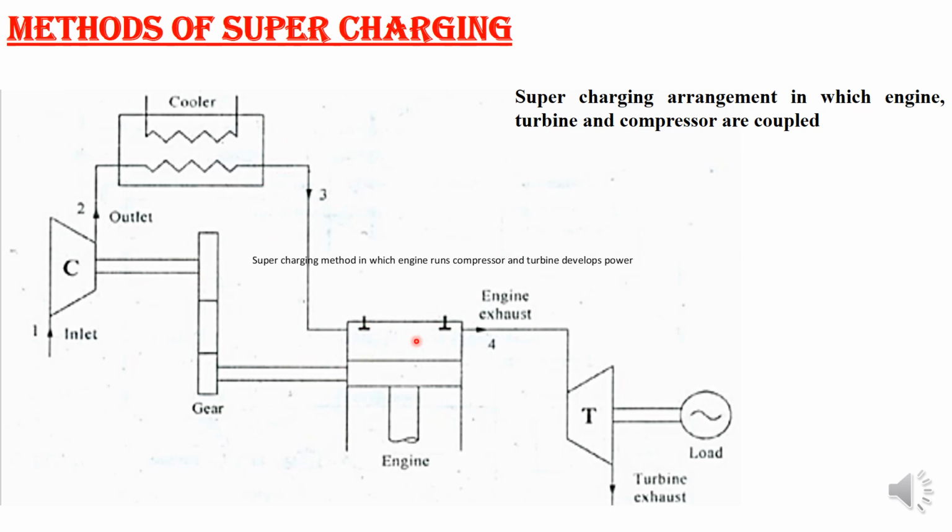Combustion takes place, and the exhaust is given to the turbine, which drives the turbine, and we get the power output on the turbine. So this is how the fourth method, the supercharging method, is done. So these are the four methods we use in supercharging. Usually the second and first methods are the commonly and very widely used types of superchargers. Okay, next we will go for types of supercharger.